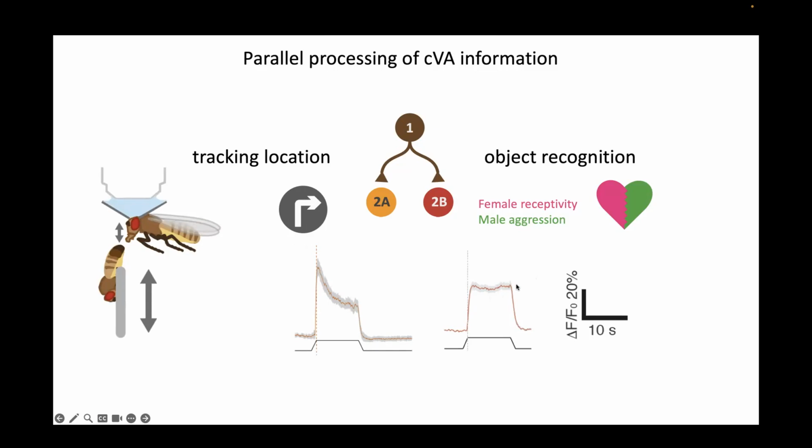So they really represent the presence of a male, more like an analog readout of the amount of CVA, whereas 2A neurons are in a position to encode changes in concentration of CVA rather than absolute amount. So they are more suitable to encode movement, location, and changes.